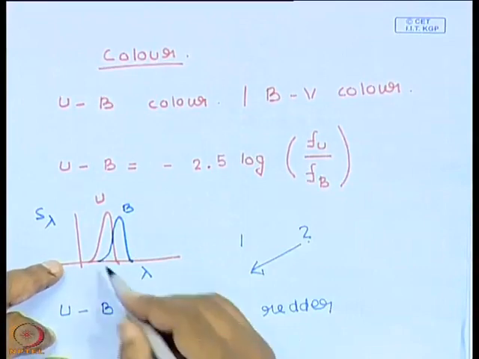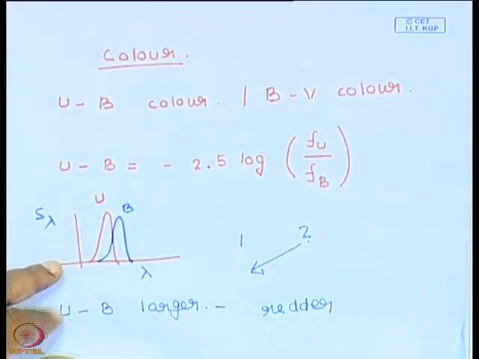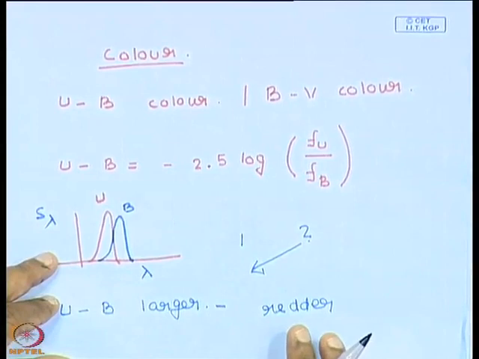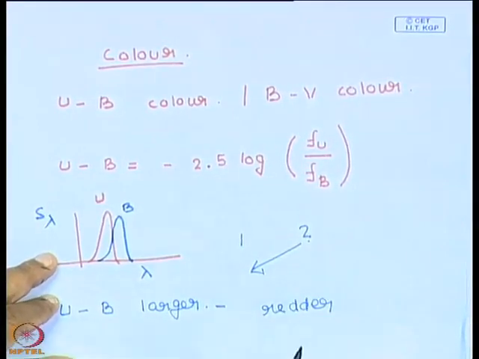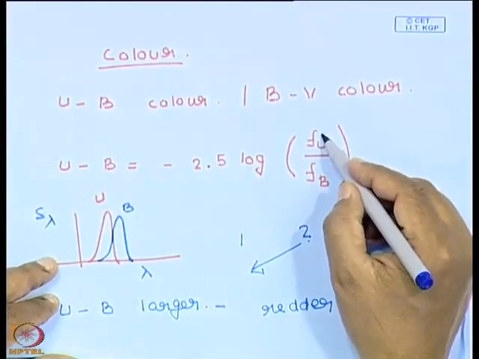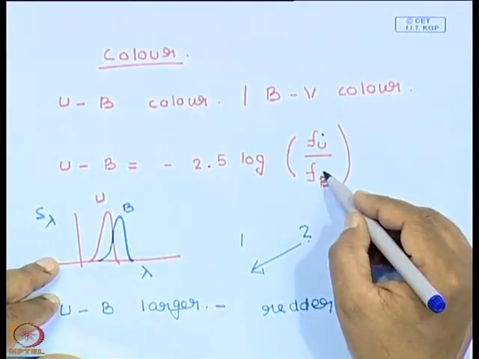We know that in the black body spectrum the peak shifts with the temperature, and the source gets redder as it gets cooler, and bluer as it gets hotter. So more energy will be there in this band for a hot source, and more energy will be there in this band for a relatively cool source.